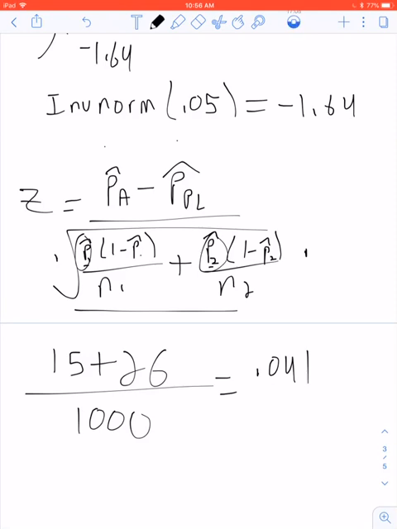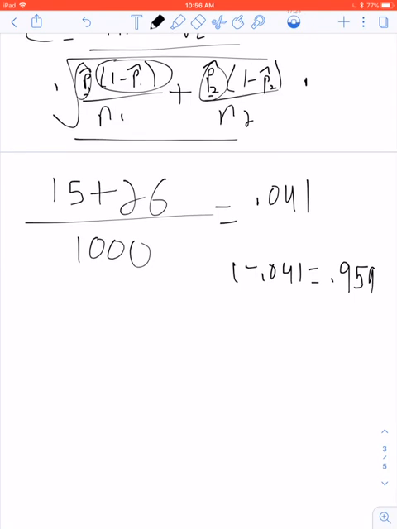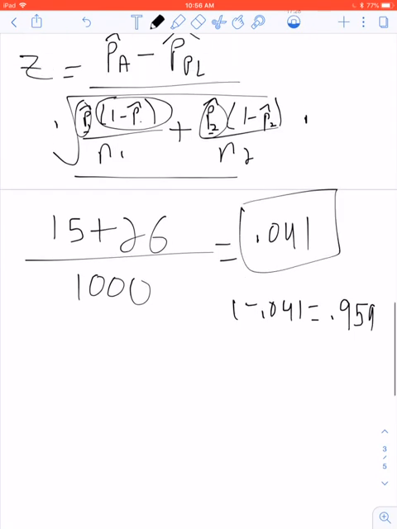And so if I want to fill in this piece right here, 1 minus 0.041, let's make that cleaner. 1 minus 0.041 is equal to 0.959. Okay? So let me set up how I'm going to do my test statistic, and I need to keep this number in mind when I do it.